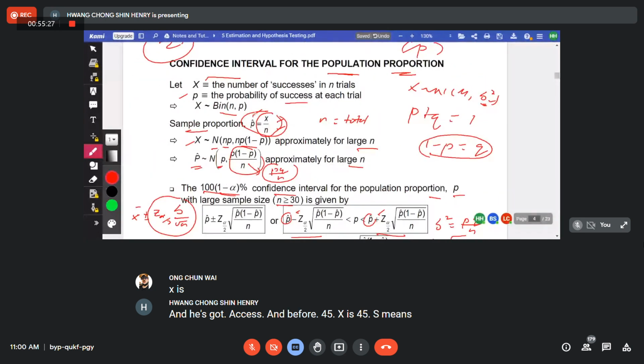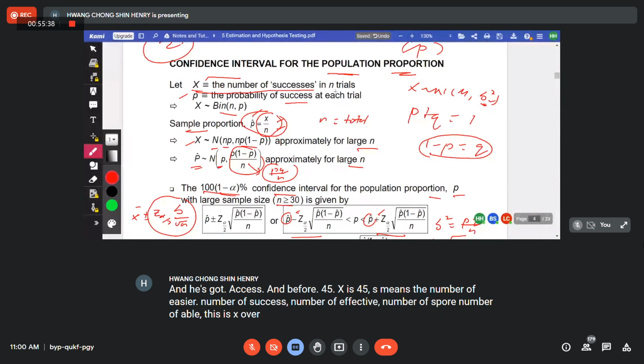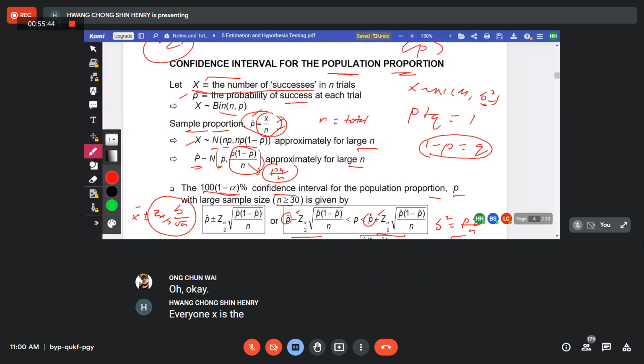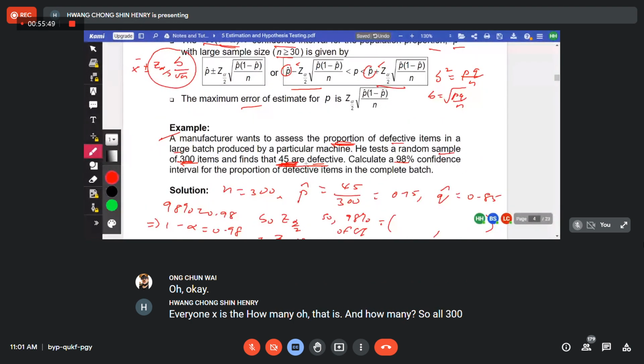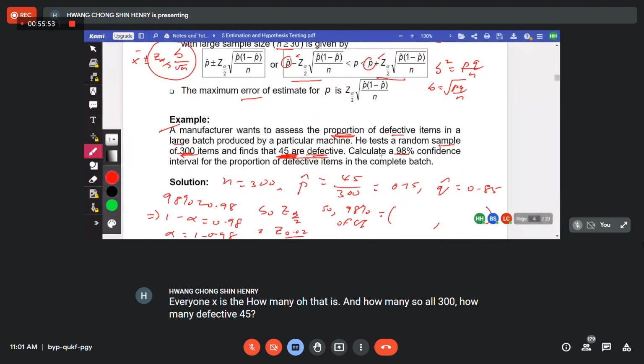X means the number of successes, number of defective, number of spoiled, number of whatever. This is x over n, that is your sample proportion. So out of 300, how many defective? 45. So this is why you have to calculate the p hat.